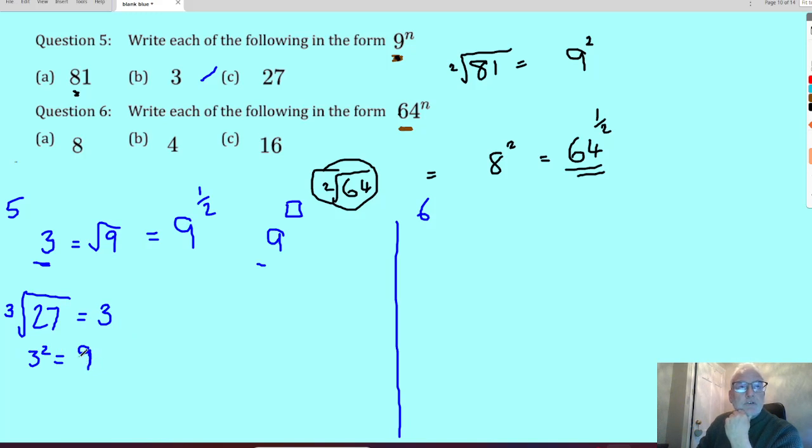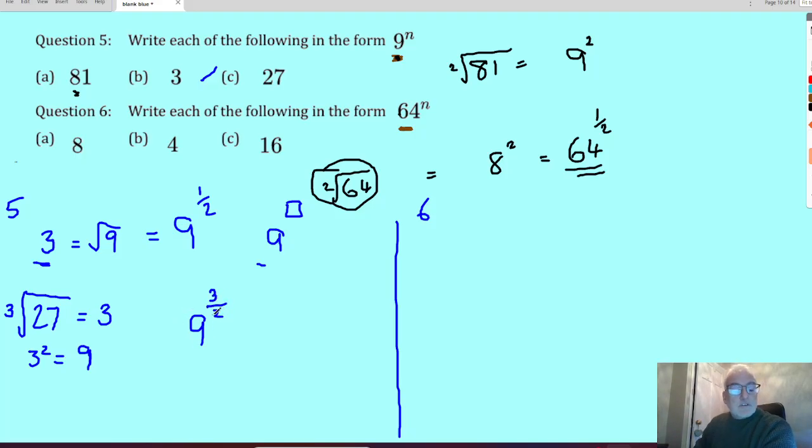Okay, so I've got 2 functions to get me there. So if I think of cube rooting and then squaring, what do you think my answer would be? I've got 9 raised to the 3 over 2.